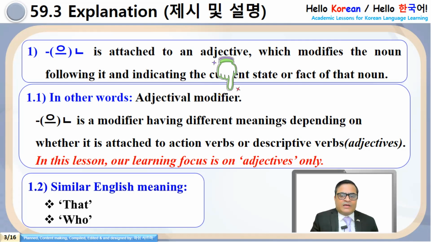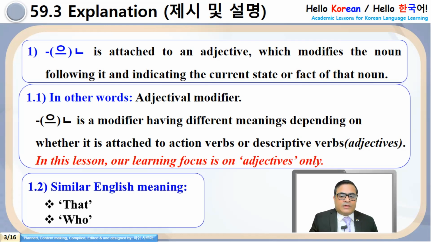Un is a modifier having different meanings depending on whether it is attached to action verbs or descriptive verbs, that is adjectives. In this lesson, our learning focus is on adjectives only. Clear? We are going to learn this un modifier only with adjectives. Similar English meaning: that or who.